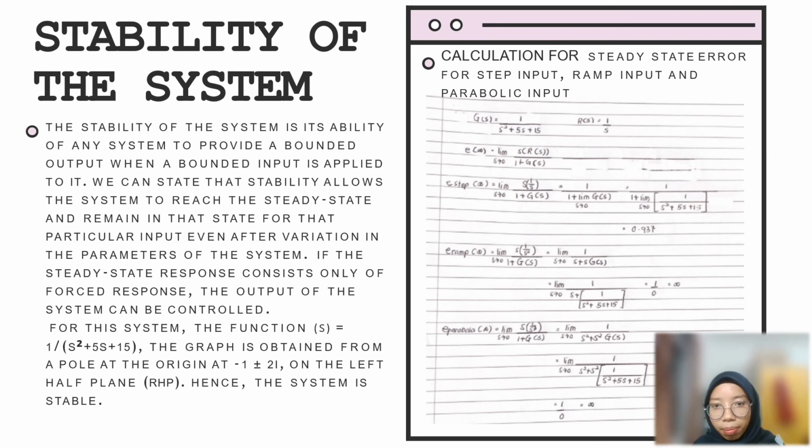For the ramp, we get 1 over 0, so we can conclude it is equal to infinity. And for the parabolic we get 1 over 0, the same as for the ramp, equal to infinity.